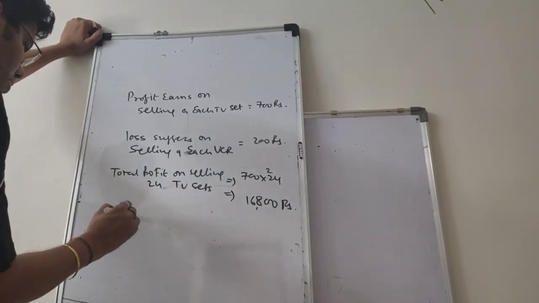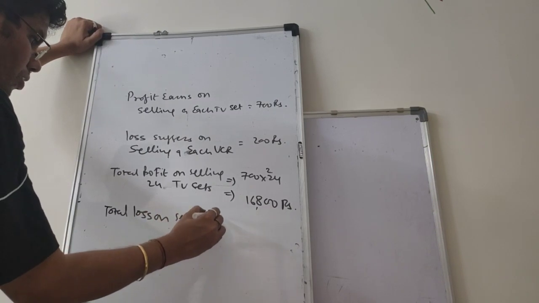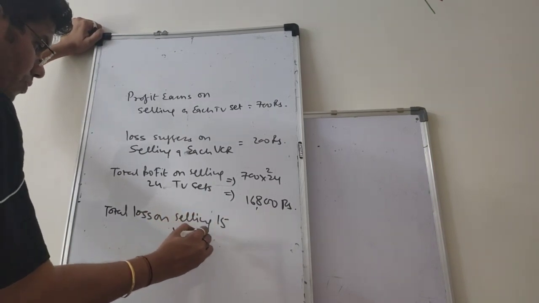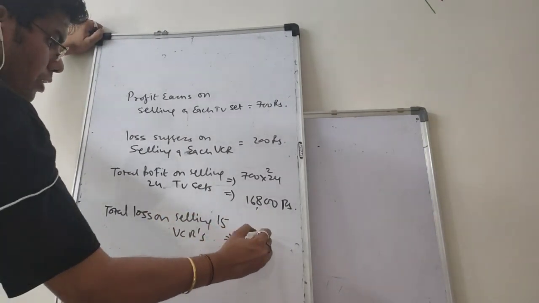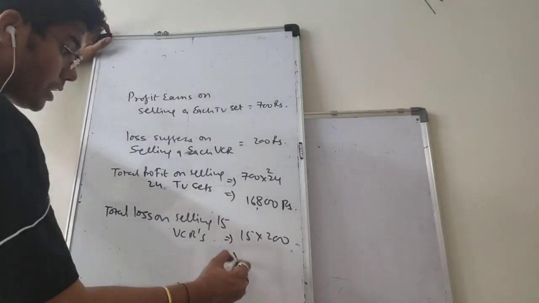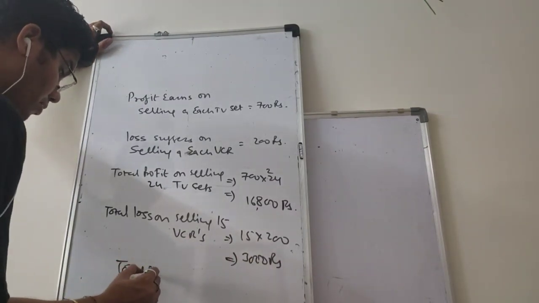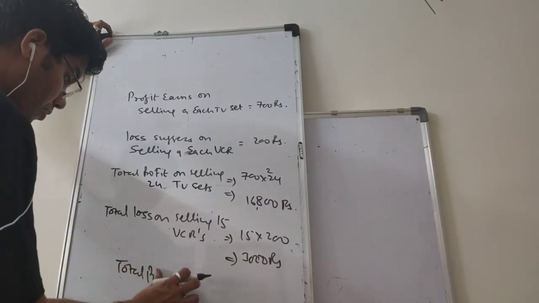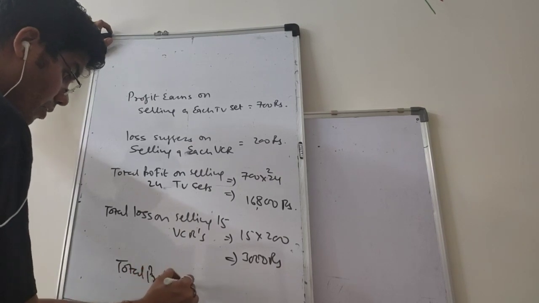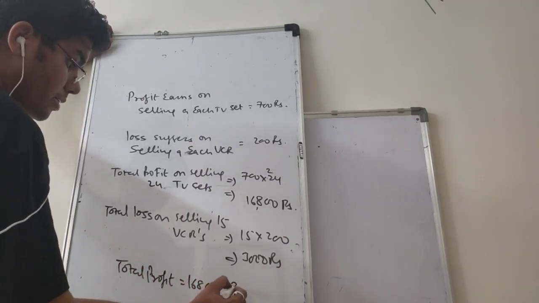Now total loss on selling 15 VCRs. So that is 15 into 200. That is 3,000 rupees. So the total profit is 16,800 minus 3,000.